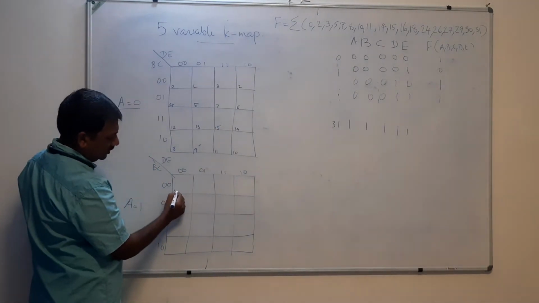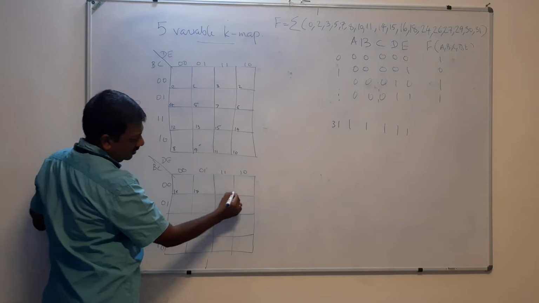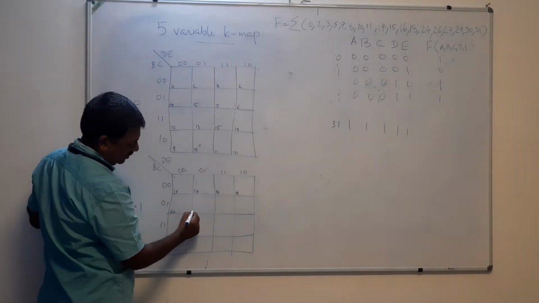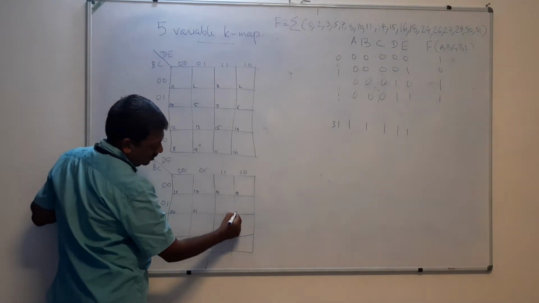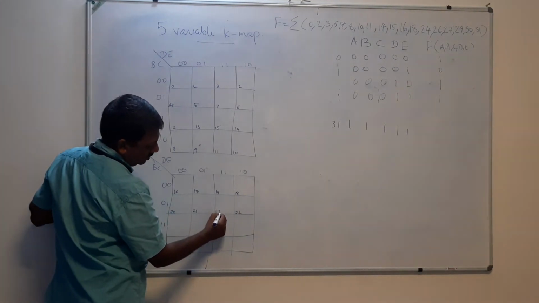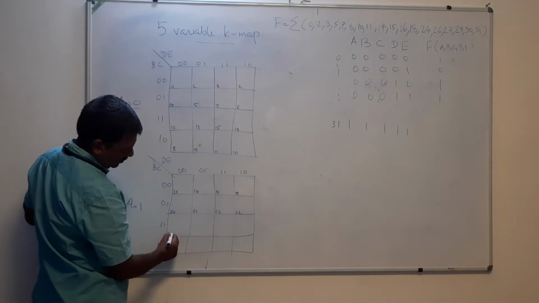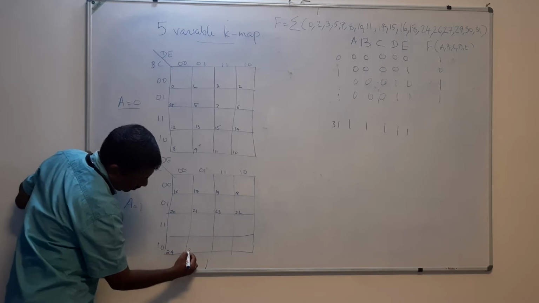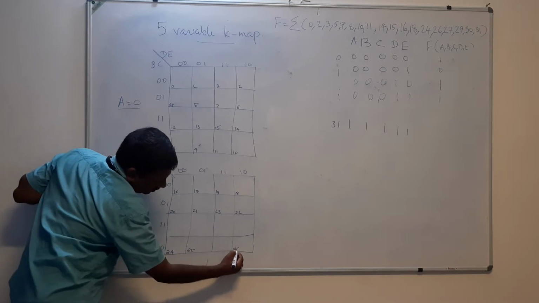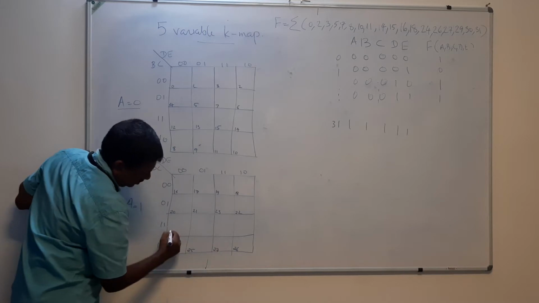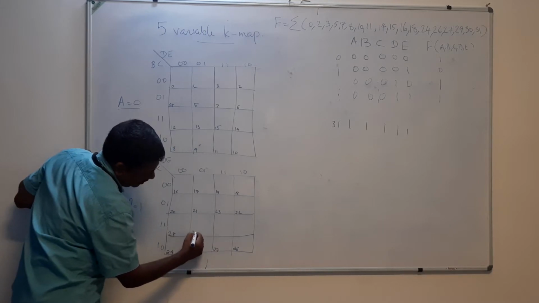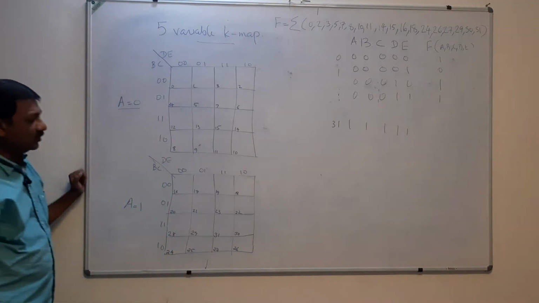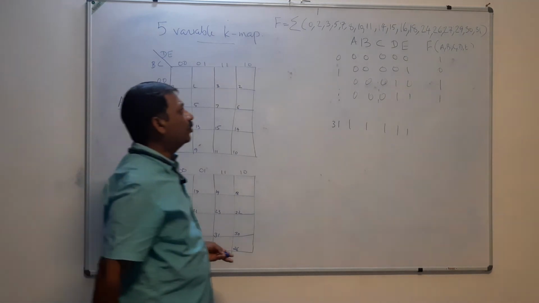Now continuing 16 17 18 19 20 21 22 23, and then 24 25 26 27 28 29 30 31.